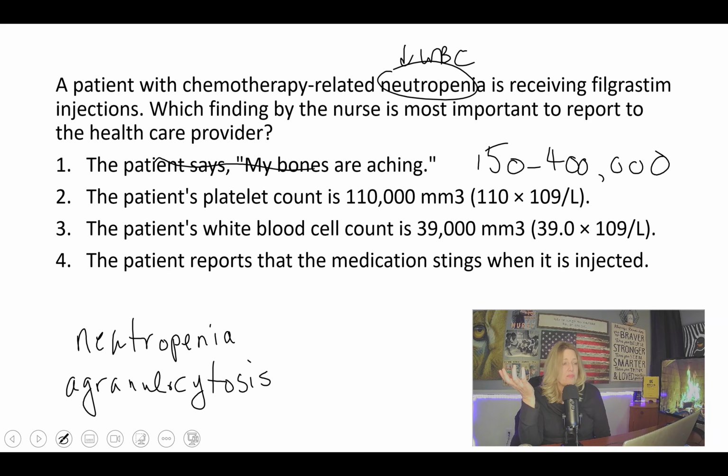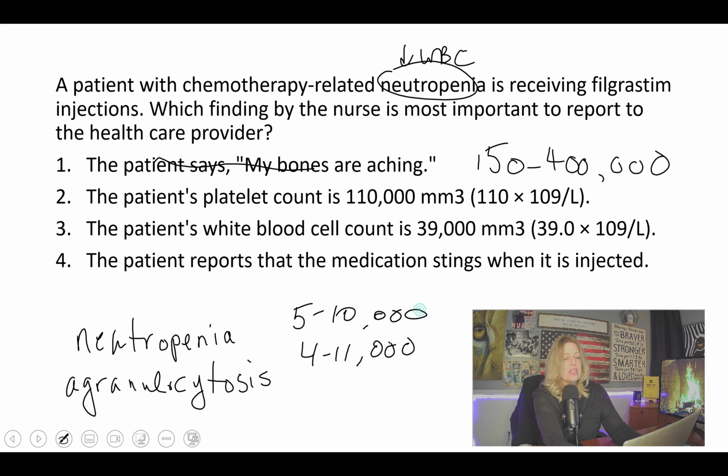For a patient with low white count who's receiving a med to increase white count, I would expect their white count to be 39,000? Whoa. Okay, normal white count is 5 to 10, and some people might say 4 to 11, and that's 1,000, by the way. Whether you say 5 to 10 or 4 to 11, it doesn't really matter because that ain't nowhere close to 39,000.